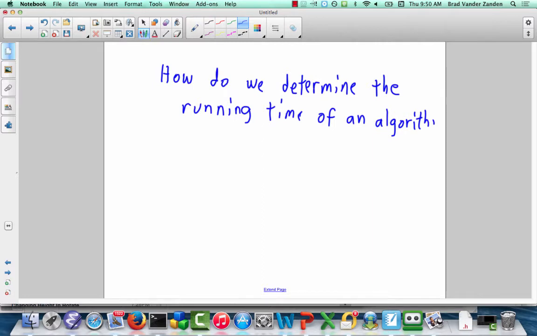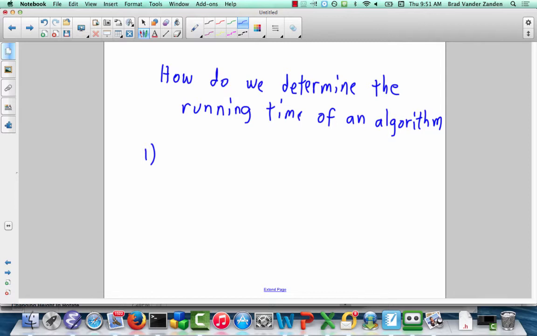We can't do anything with BigO until we have some idea about how long it takes to run an algorithm. So we could just run it on a computer and see how fast it runs. But there's some issues with that.